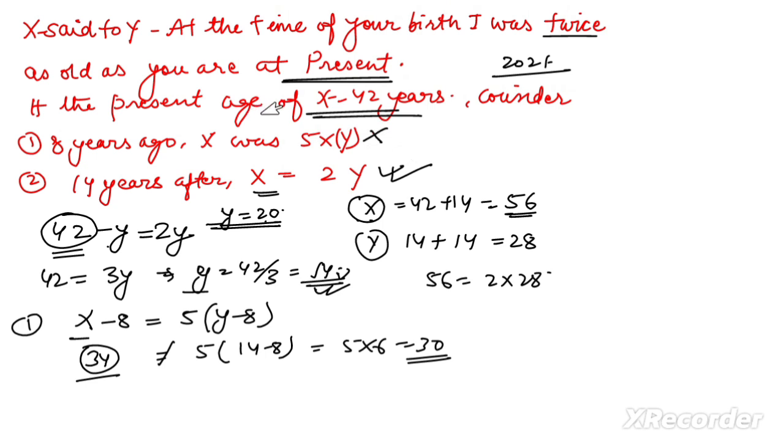Clear? So what we have done is, based on this data, we have solved the values of x and y and cross checked which statement is correct, statement 1 or statement 2.